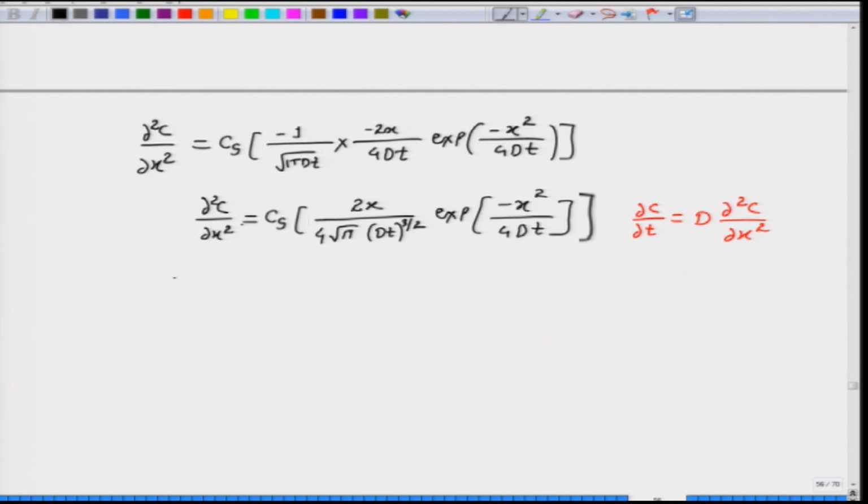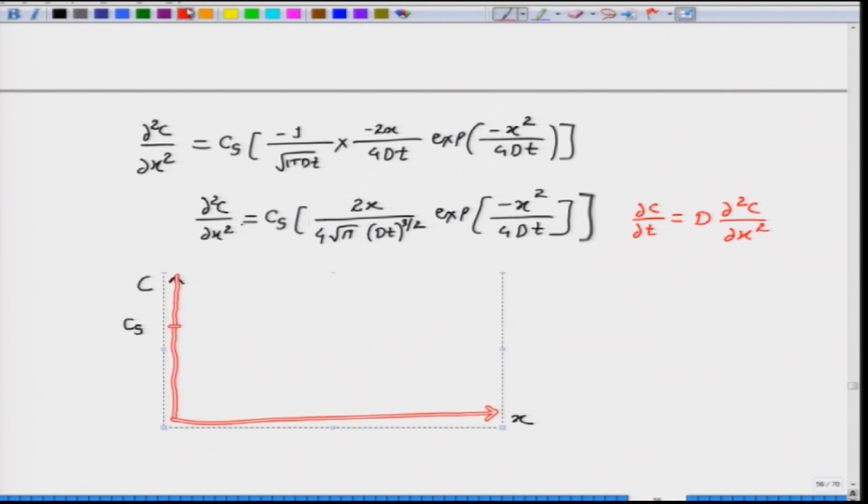If we try to plot concentration versus x at any given time, with Cs as the start composition on the surface, we have a negative slope and positive curvature.